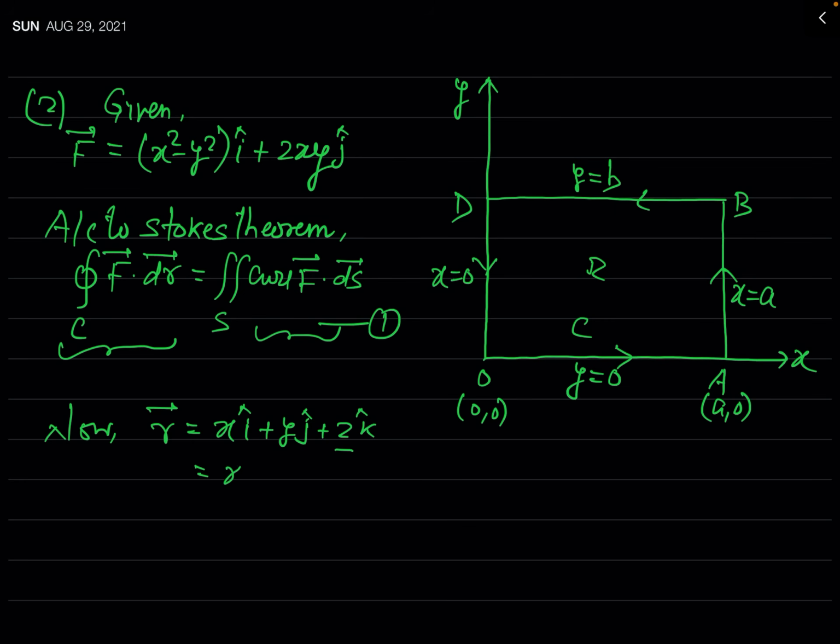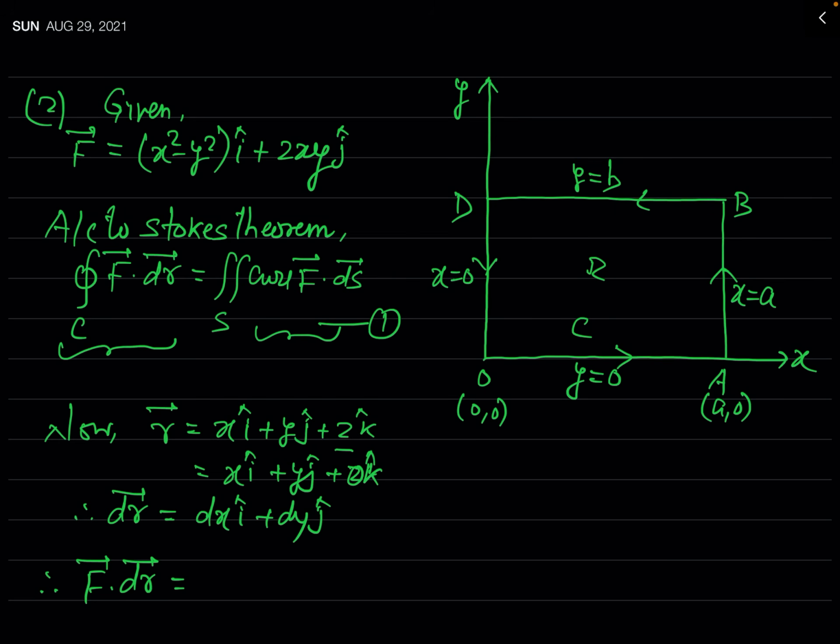So r can be written simply as xi plus yj plus 0k, or any constant value of z you can also take, and therefore dr will be simply dx i plus dy j, and therefore F dot dr can be easily found.